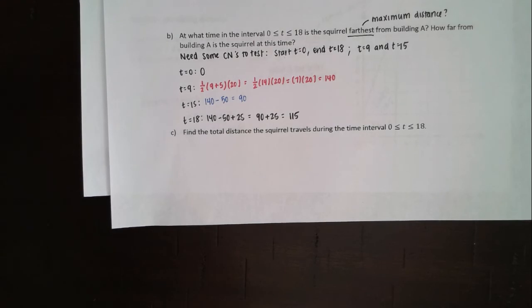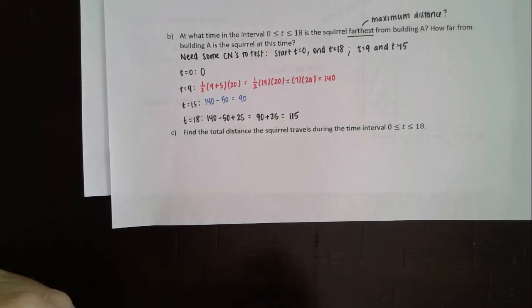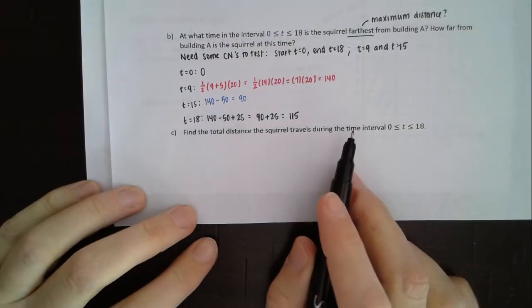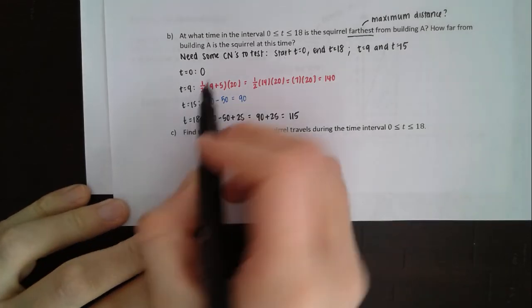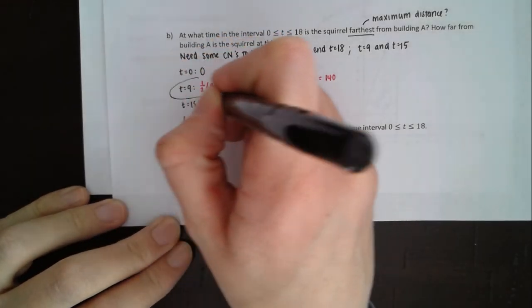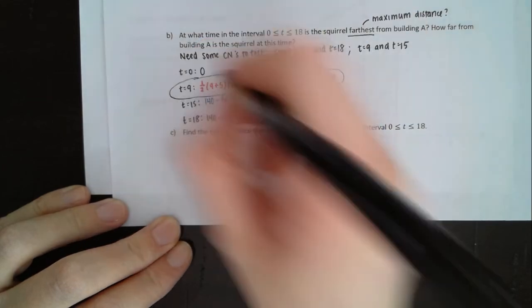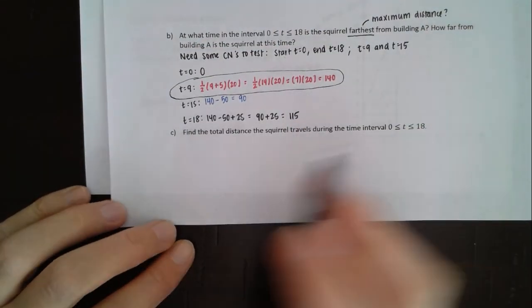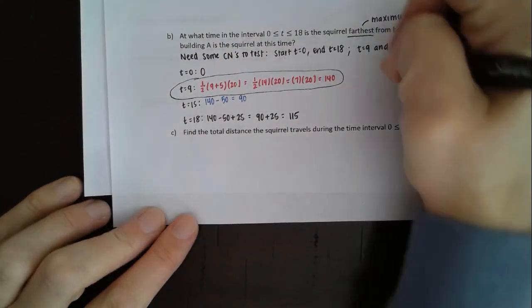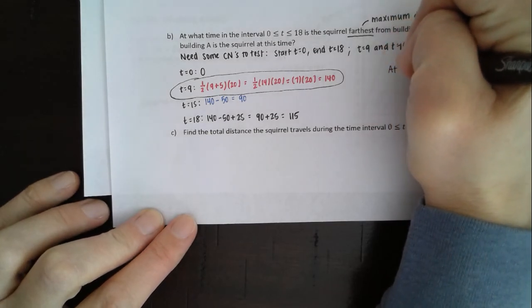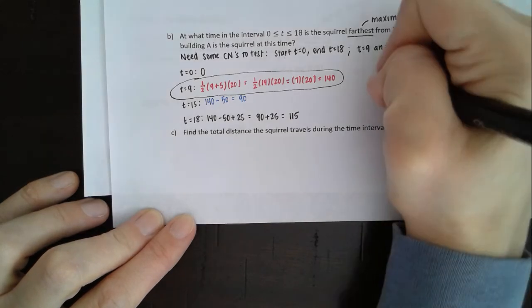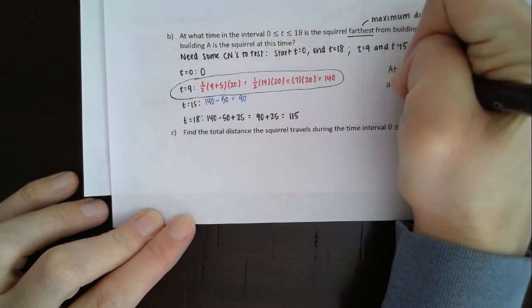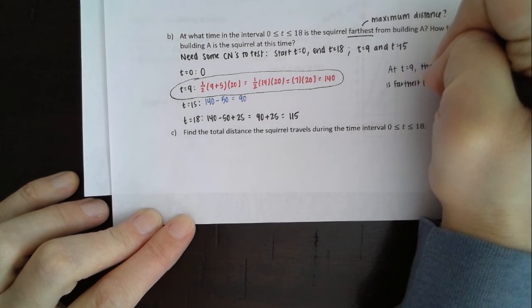To answer part B, we want to know at what time in the interval the squirrel is farthest from building A. So what is our maximum distance here? What is the farthest distance that he's moved? It looks like that's happening at the t value of 9, because that's the largest distance that he's moved in that time period. So I'm going to say at t equals 9, the squirrel is farthest from the building.